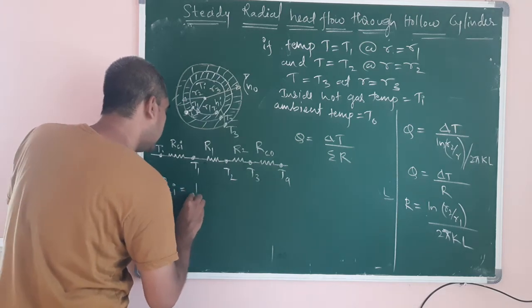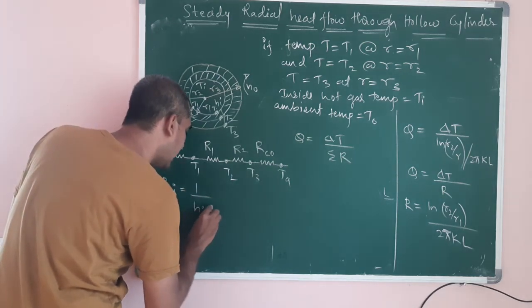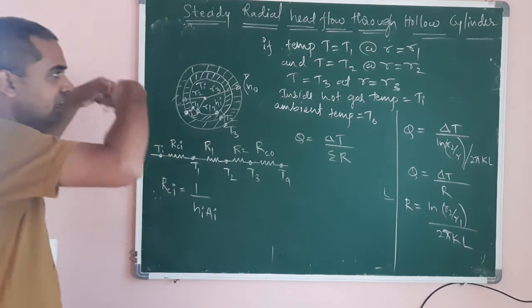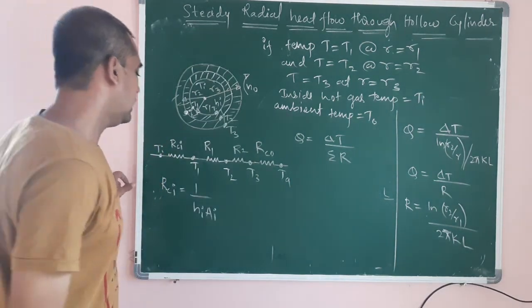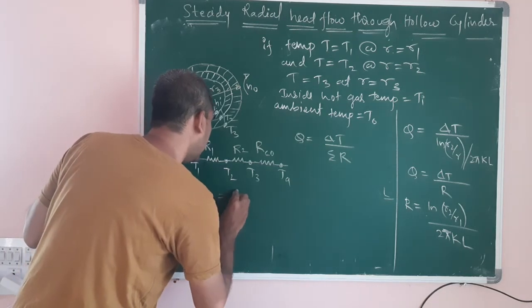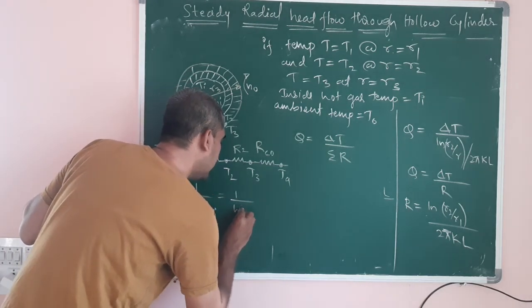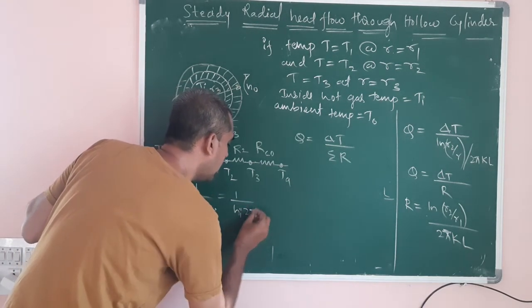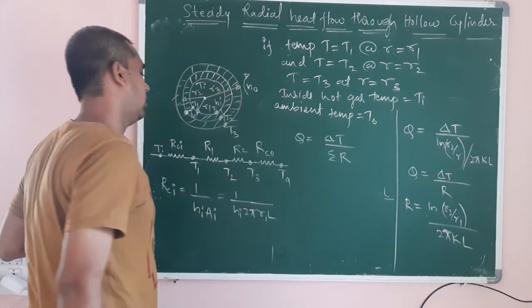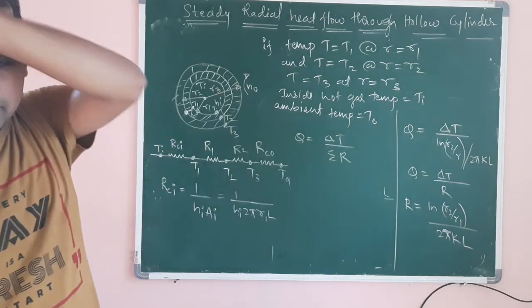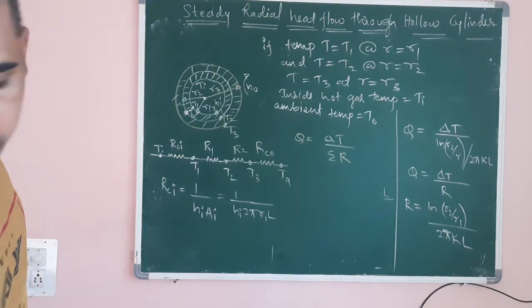RCI is nothing but 1 divided by Hi into Ai. What is the internal surface area of the cylinder? It will be 1 divided by Hi into 2 pi R1 into L.